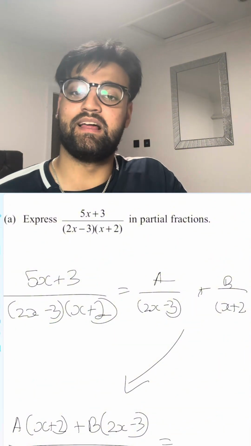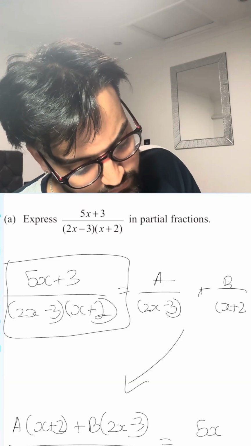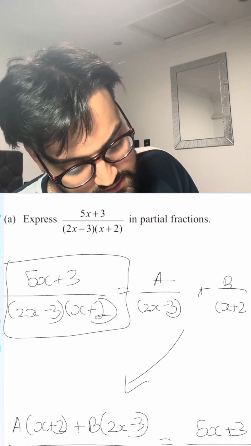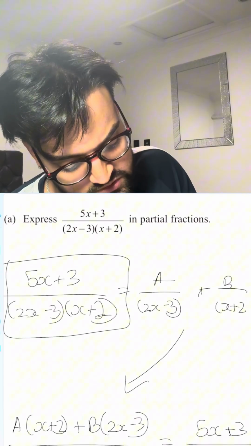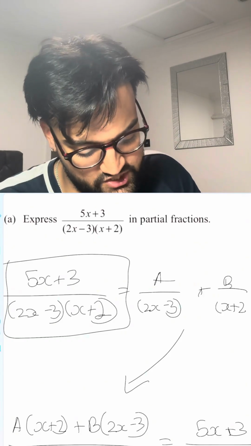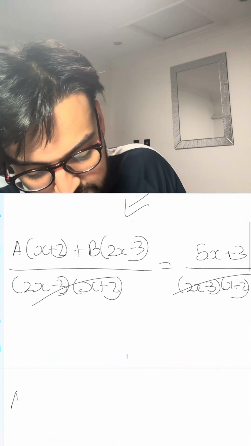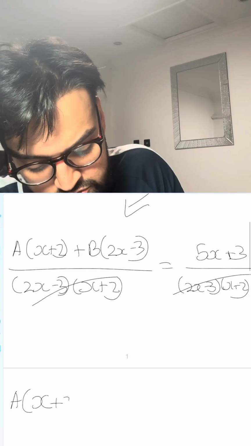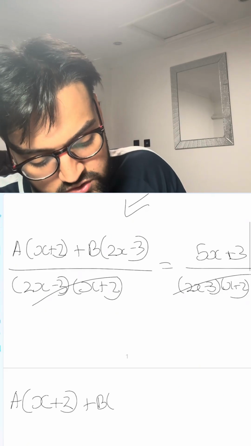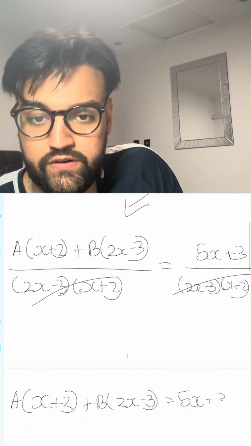And this is equal to my left hand side, 5x plus 3 over 2x minus 3 lots of x plus 2. Since the denominators are the same, we can just cancel them out and we're left with the numerators. So the main equation we're interested in is a lots of x plus 2 plus b lots of 2x minus 3 is equal to 5x plus 3.